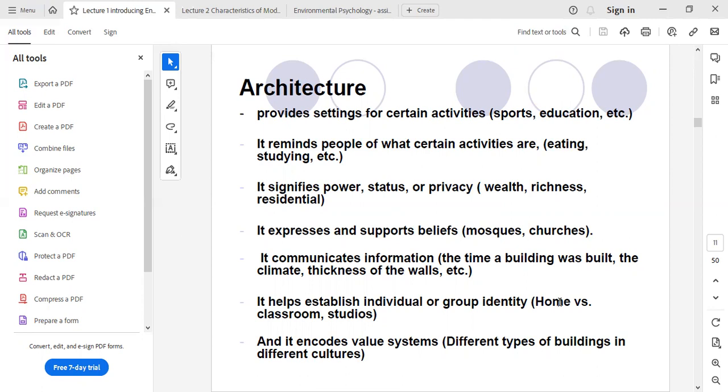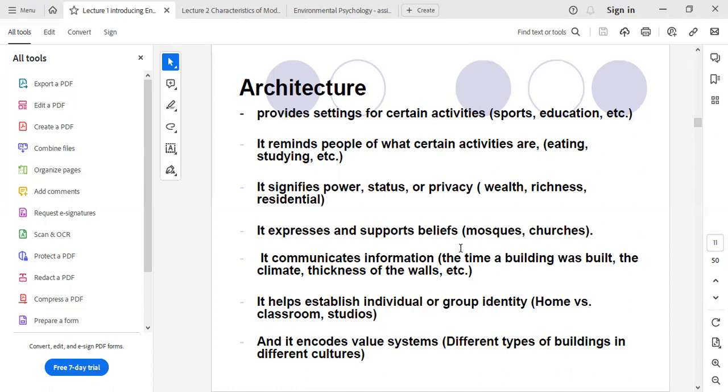The more resourceful you are, the better your house becomes. I believe that is natural to people. If people don't like it, if you are among them, please share so we know. Architecture also expresses and supports beliefs.